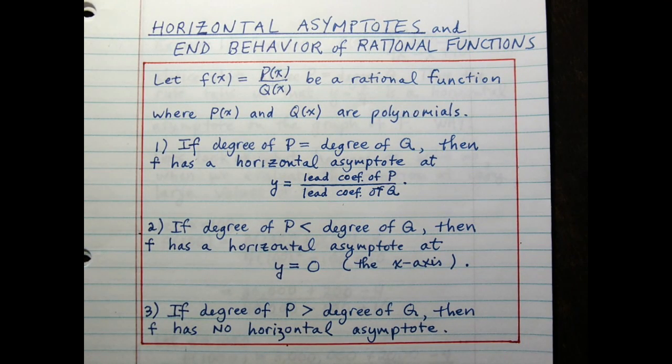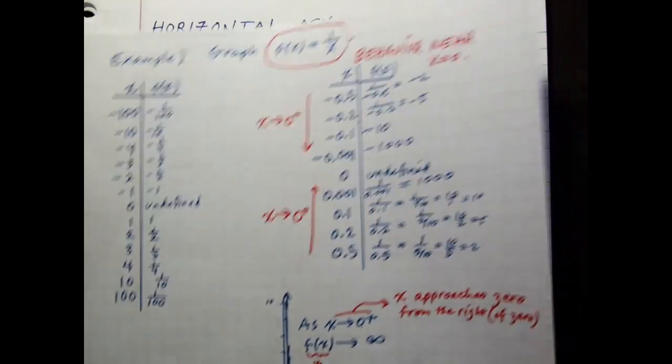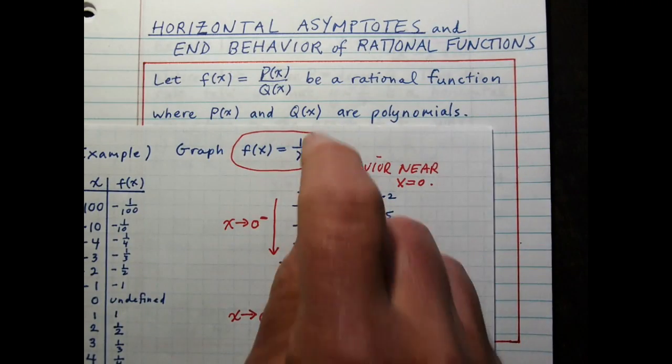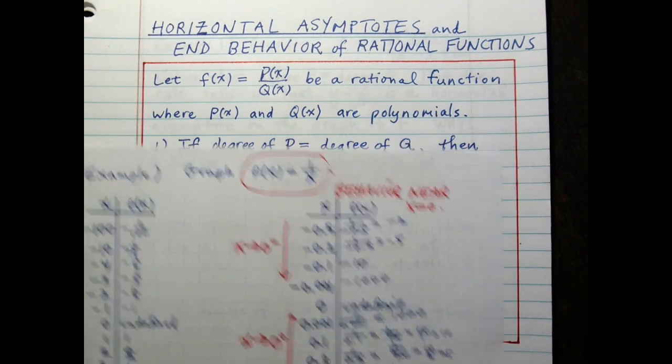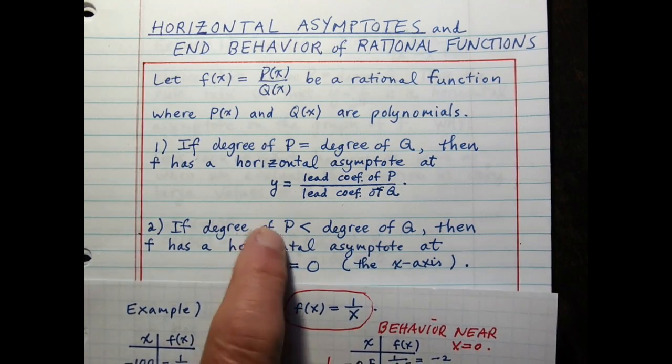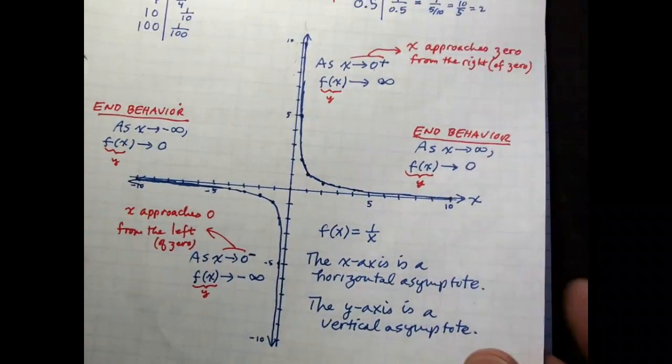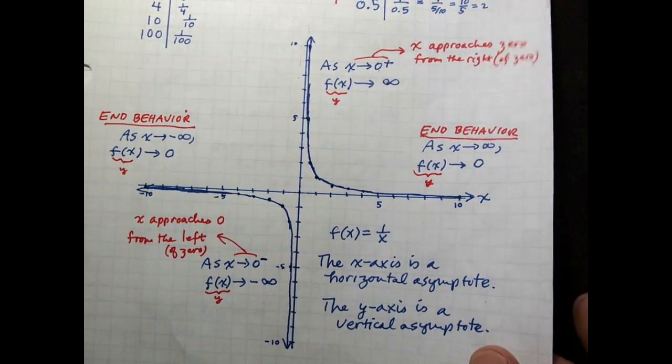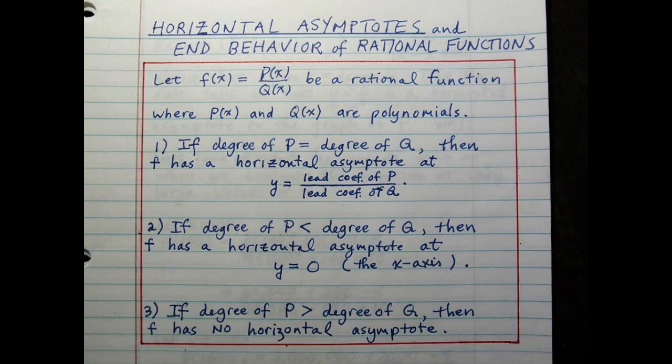Now we've seen a couple examples so far, right, of graphs. We graphed our 1 over x. That's a case where the degree of the numerator is less than the degree of the denominator, so that's like a number 2 situation. And that's a graph where the x-axis, or y equals 0, is a horizontal asymptote. We also did one example so far.